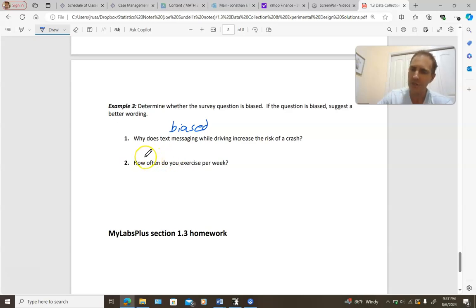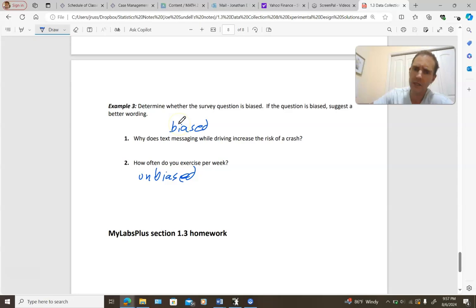But this is just pretty much a point-blank question. How often do you exercise per week? And a valid response would be 0, meaning you don't exercise. Could be 10, could be 2, doesn't really matter. Okay? So I think that this is an unbiased question.